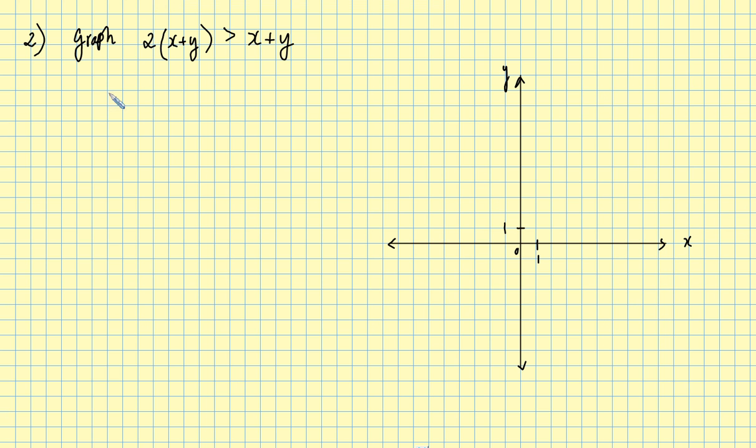Now, if I take a look at the second example, it is asking me to graph 2 times the quantity x plus y is greater than x plus y. The best thing to do at this point is to expand. So I will say that I have 2x plus 2y is greater than x plus y.